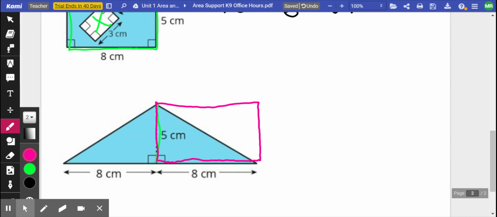And I notice that the enclosed triangle is exactly half the size of that rectangle. So when I find the area of that rectangle, I can simply cut that amount in half, and that will give me the area of that triangle. The rectangle is 8 centimeters by 5 centimeters. 8 times 5 is 40. Half of that is 20. So the area of that triangle right there is 20 square centimeters, which means this triangle is also 20 square centimeters. And so the entire shaded region is 20 plus 20, which is 40 square centimeters.